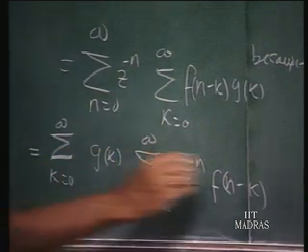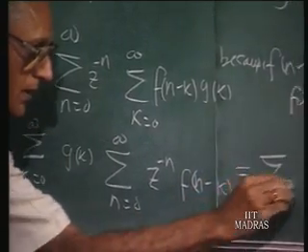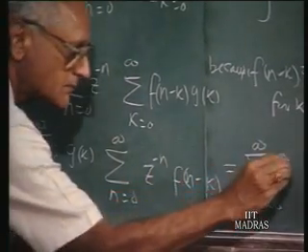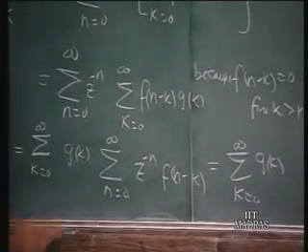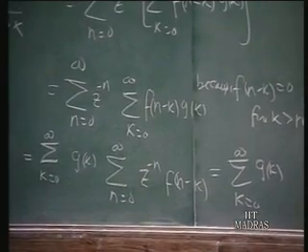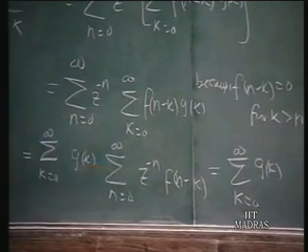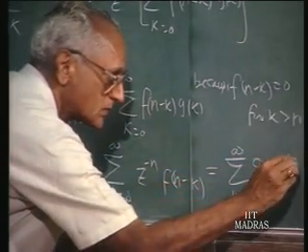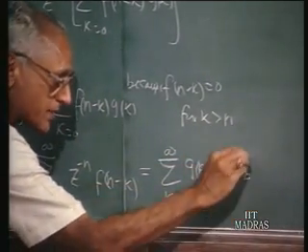Now this, as you can see, is k equals 0 to infinity gk, and the inner sum is, after all, the Z transform of Fn minus k. If f of n has Z transform f of z, the delayed function f of n minus k will have f of z times Z power minus k.